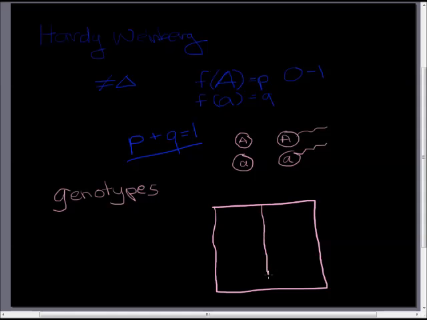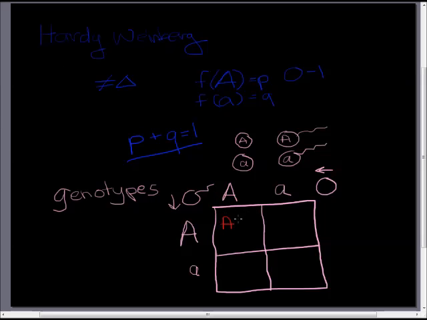So to figure out the genotypes, we can just make a little Punnett square. Along one axis, we're going to put all of the possible sperm, and on the other axis, we're going to put all of the possible eggs. So here we're going to have our egg axis, and here we're going to have our sperm axis going down. So our sperm can be big A or little a, and our eggs can also be big A or little a. So when we have a big A sperm meet a big A egg, that's the only way we're going to get big A big A, right?